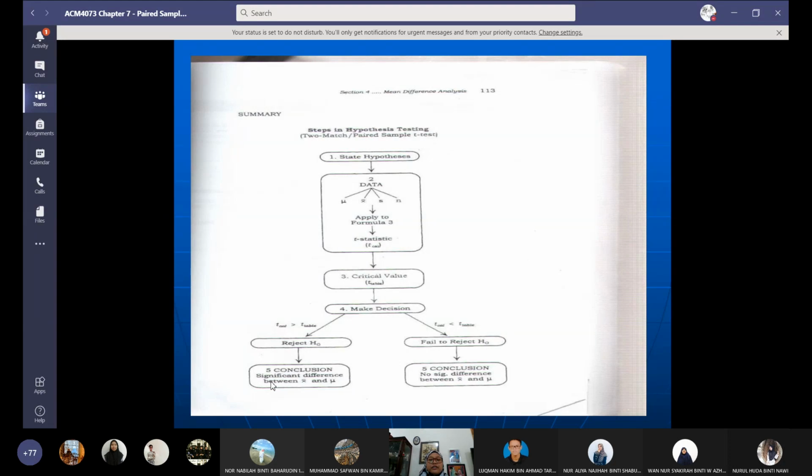The conclusion is there is a significant difference between the pre and post scores. While if T-cal is less than T-table, you would fail to reject the null hypothesis. You will conclude that there is no significant difference between pre and post.